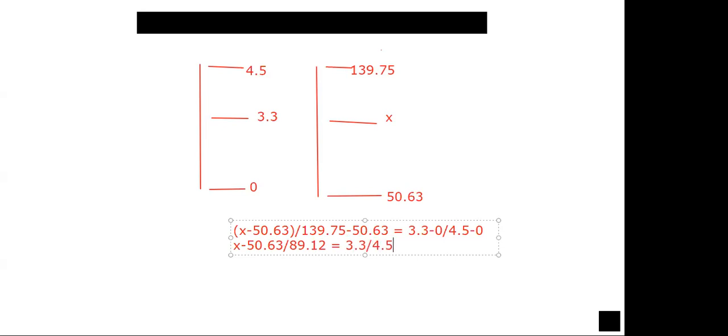So we have S minus 50.63 equal to 3.3 over 4.5, that is 0.733, times 89.12, right? And that will give you 65.